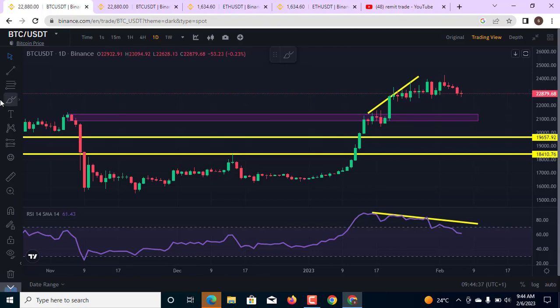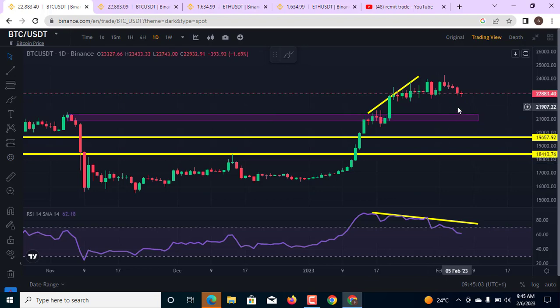So divergence is always in the form of the market coming back to the downside or in the form of a consolidation. That means the market can stay within a level and consolidate within this area before it breaks out and moves to the upside. So you have to understand what divergence is and how to take advantage of it in the market, especially what we are seeing right now on Bitcoin.